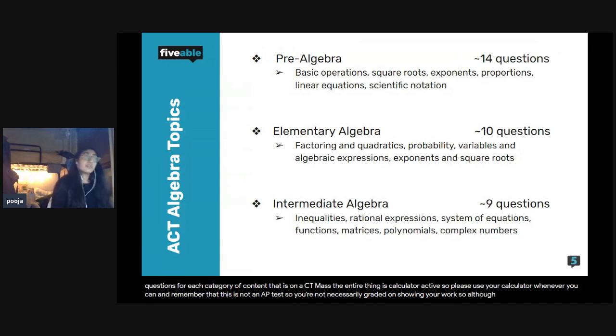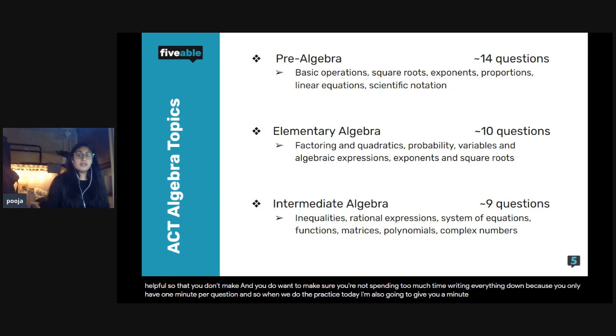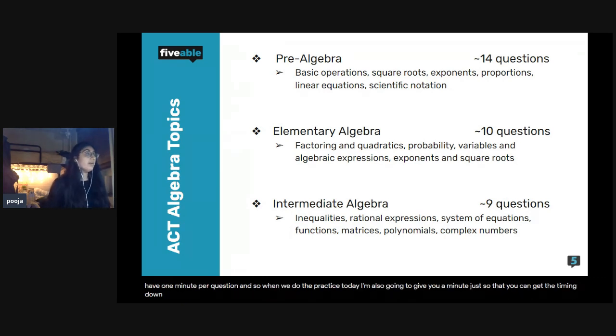Although some of the work might be helpful so that you don't make silly mistakes or have too many things in your head, you do want to make sure you're not spending too much time writing everything down because you only have 1 minute per question. So when we do the practice today, I'm also going to give you a minute just so that you can get the timing down and get used to it.